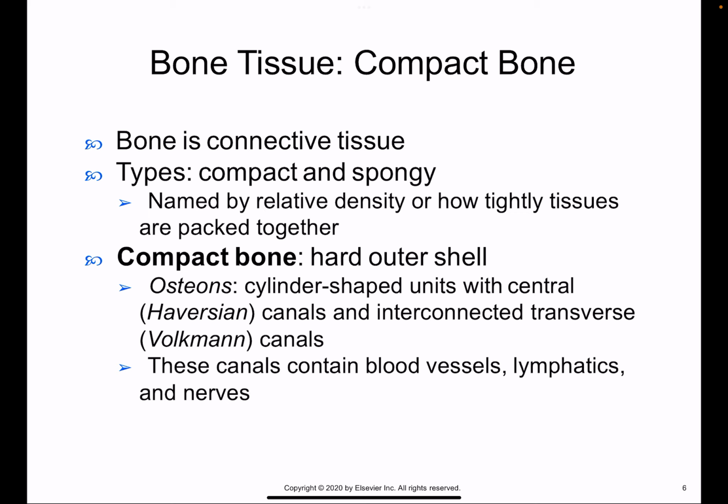Now, bone tissue, we have different types of bone tissue. In this slide, we're going to be talking about compact bone. Bone is always going to be known as a connective tissue. Why? Because if I have one bone, it's going to help connect to the rest of my body. So, for instance, if I have my hand right here, there has to be my metatarsals to connect to my metacarpals to connect to my carpals.